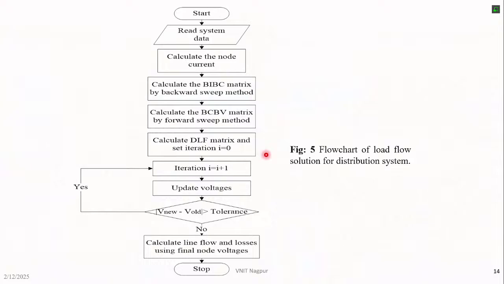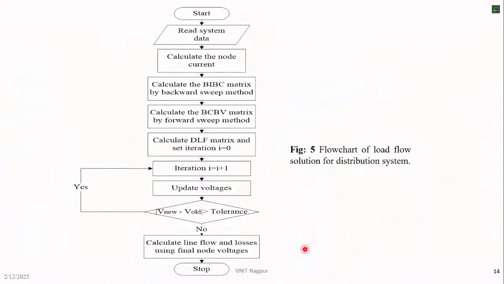After calculating the direct load flow matrix, we set the iteration count, update the voltage, and check whether the tolerance criterion is satisfied or not. If it is not satisfied, we update all of the voltages based on the same calculation again, and then finally we calculate the line flows and losses and node voltages.